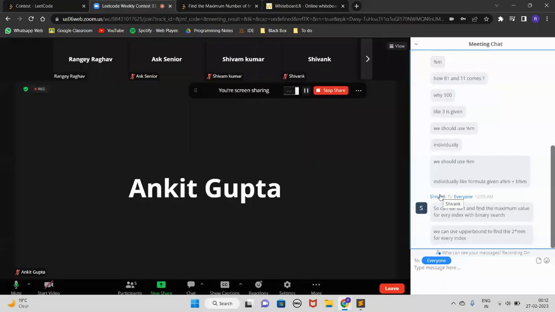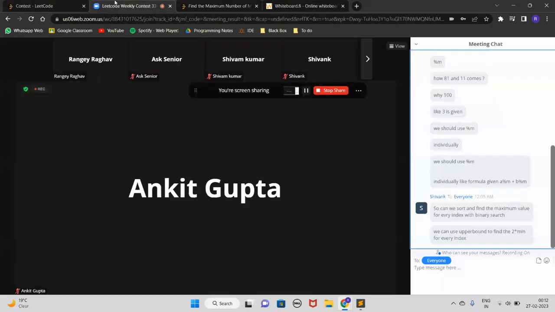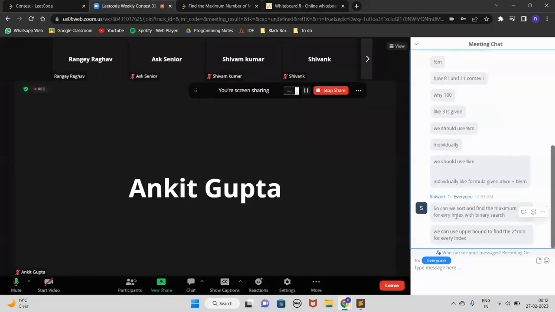So if we use upper bound, one element will be part of more than one pair. This is the upper bound for both of them, and that is a problematic thing. So we can't use upper bound directly. We'll have to use something else.